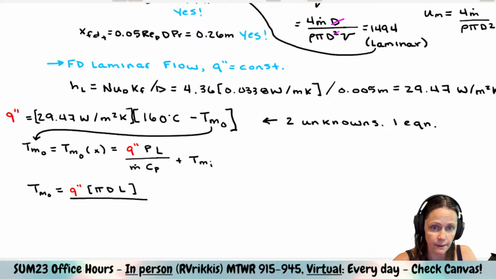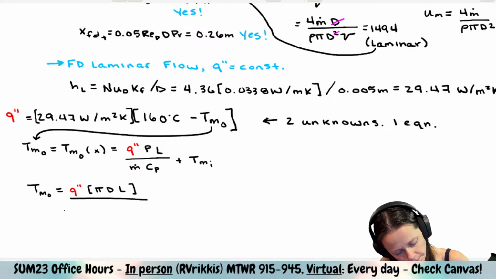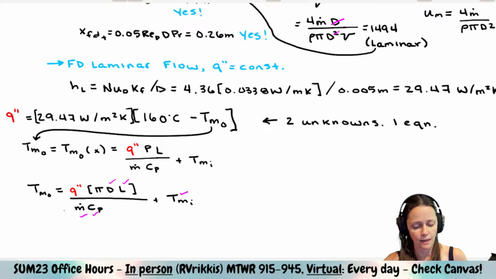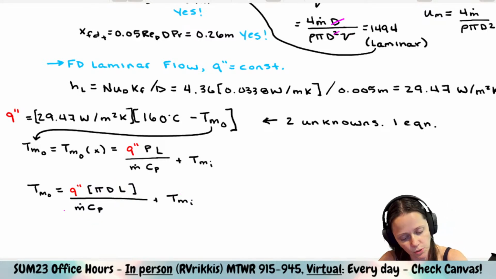I know m dot because that was given to me, and my Cp was also given to me, and I also know this T_m,in. Basically, I know everything in there except those two unknowns.